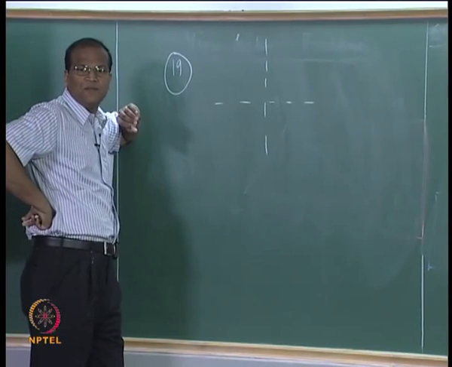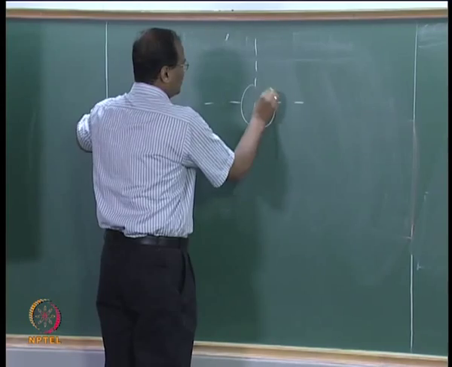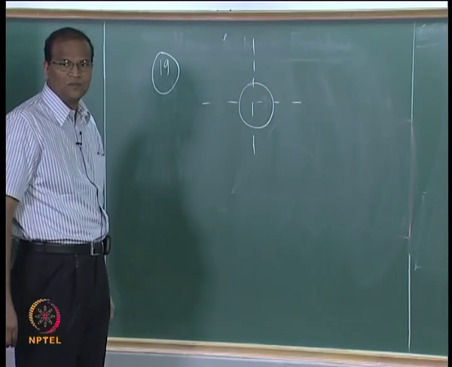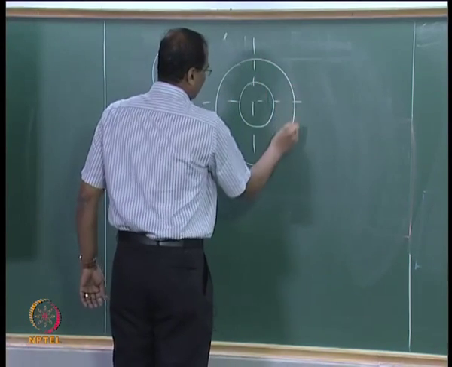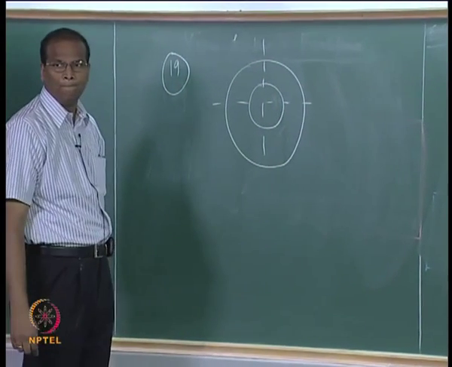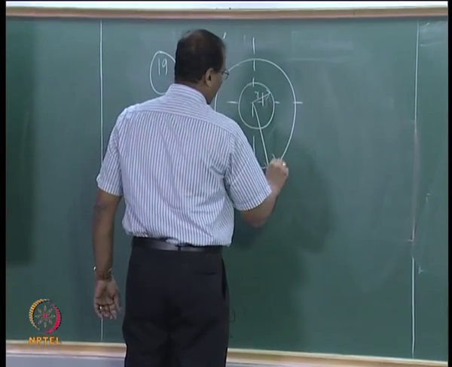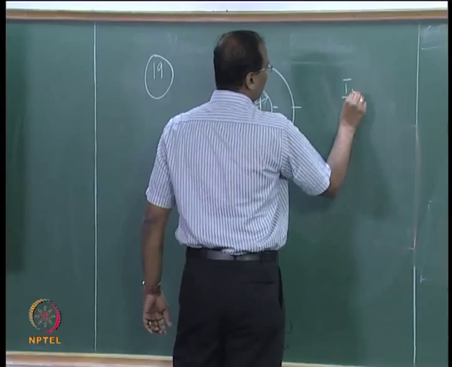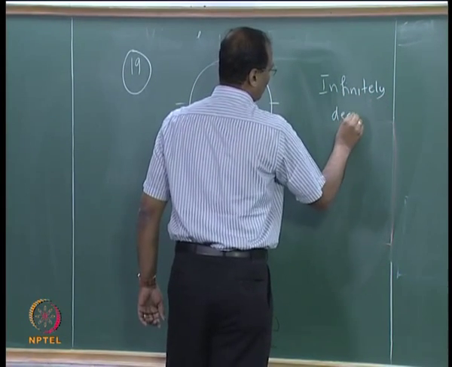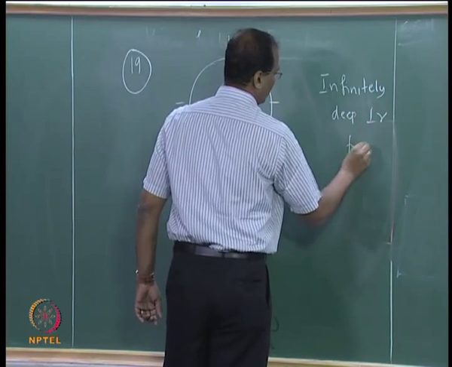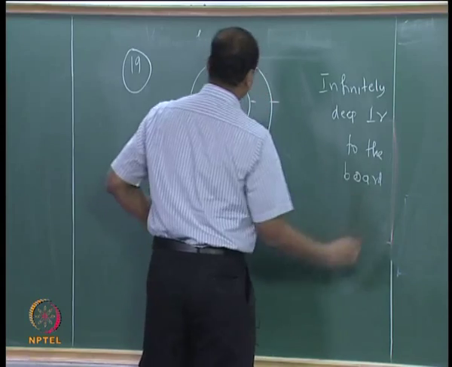Now there are two concentric pipes. There is a pipe inside which is carrying a fluid, that is enclosed by an outer pipe. So, the inner radius is r1, the outer radius is r2, infinitely long.